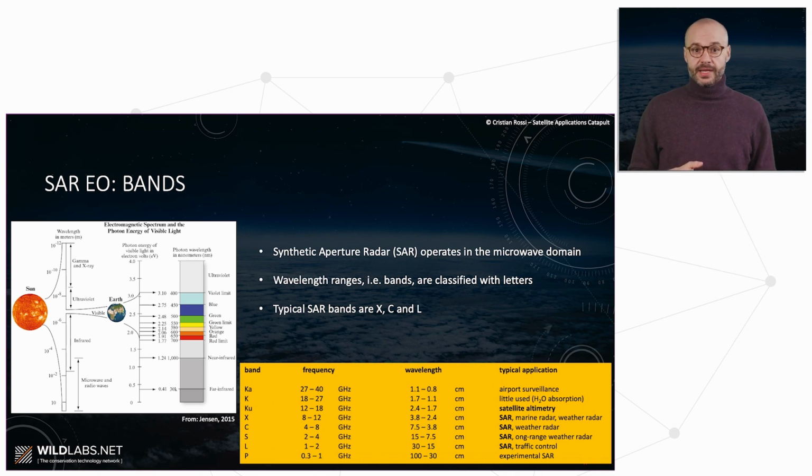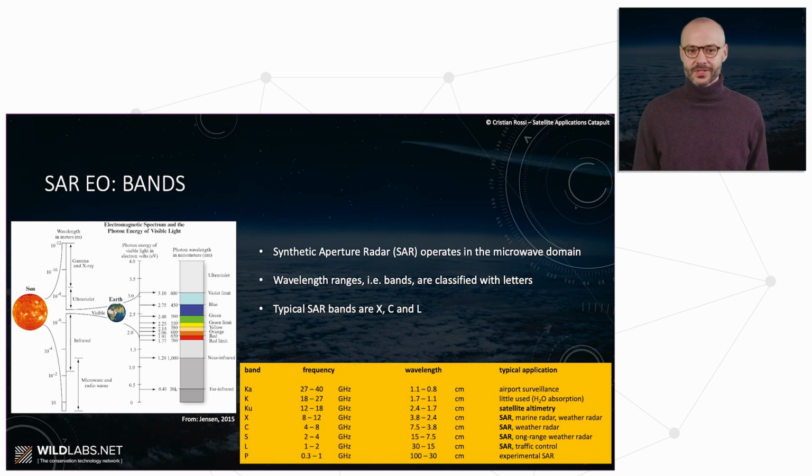As I just explained, SAR operates in the microwave domain. If you look again at the electromagnetic spectrum, at the plot just next to the sun picture, we are in the lower part of it. The names of the bands, in this case, are slightly different. We no longer have a classification depending on the colors, blue, green, red, ultraviolet, infrared, and so on. SAR has a different terminology that depends, again, on the wavelength.